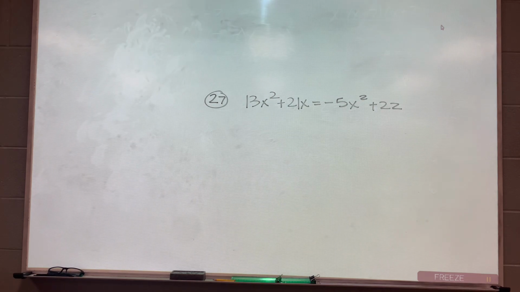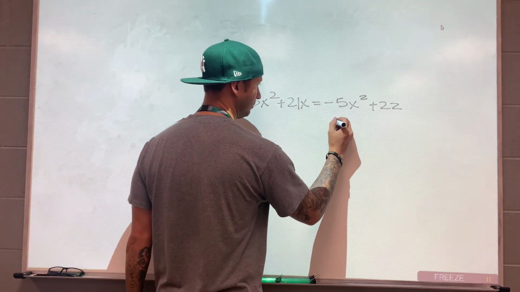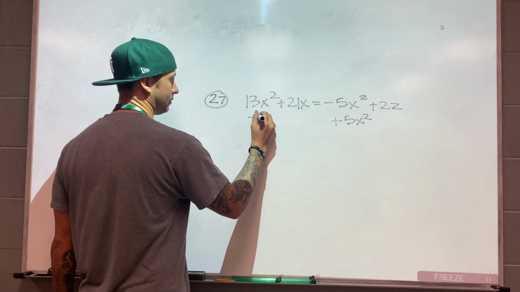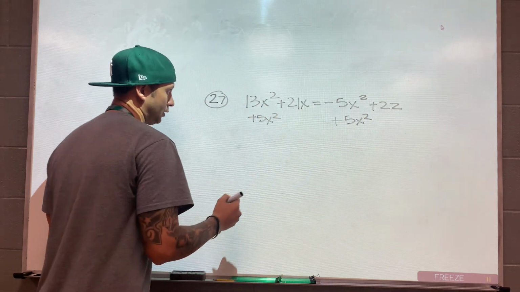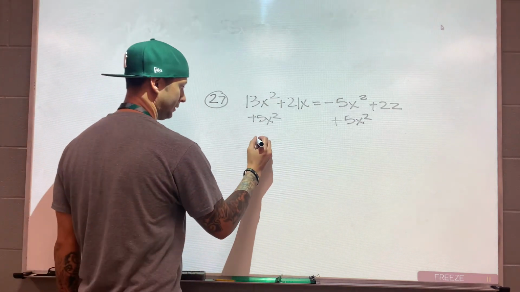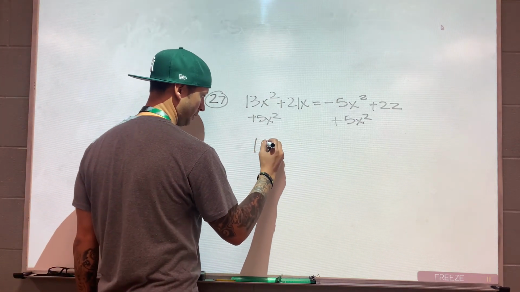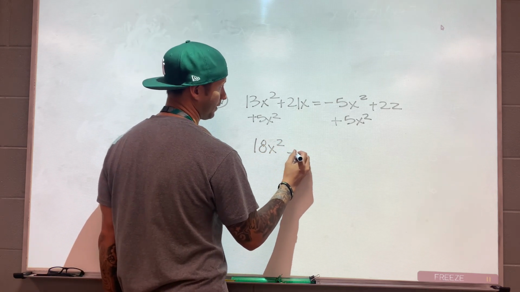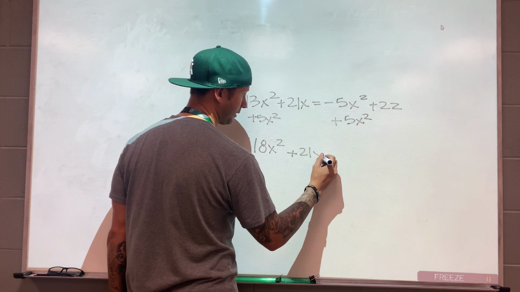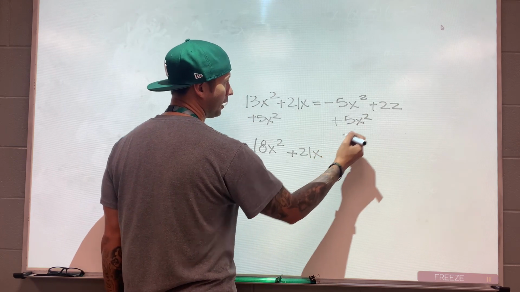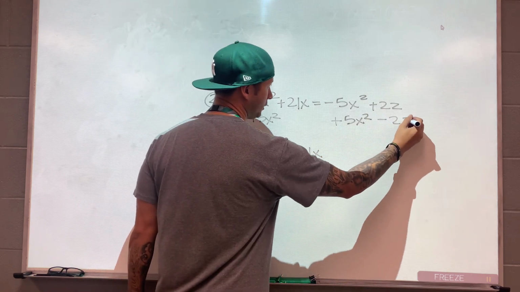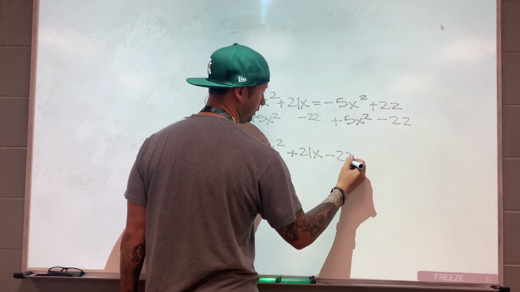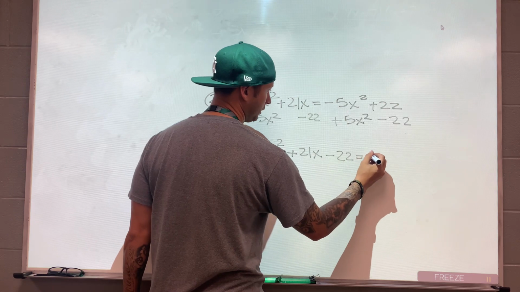All right, I'm gonna move everything to one side. 13 and 5 is 18. Plus 21x minus 22 from both sides. So minus 22 equals 0.